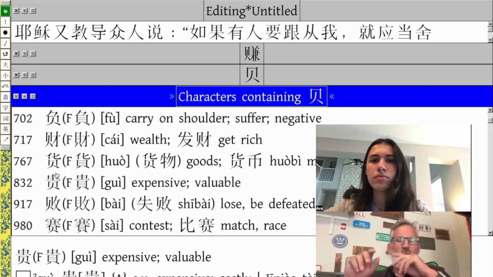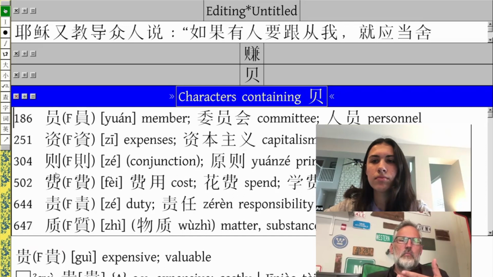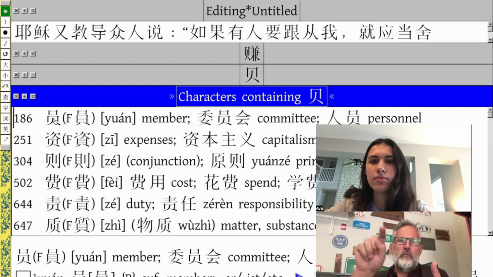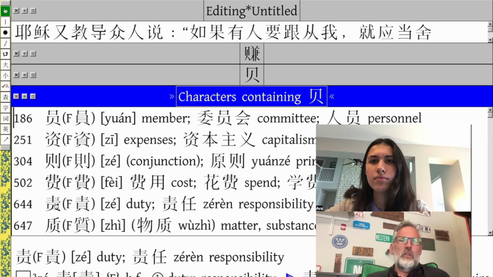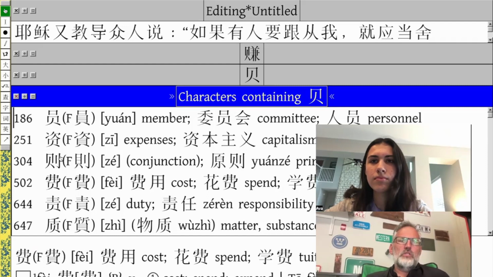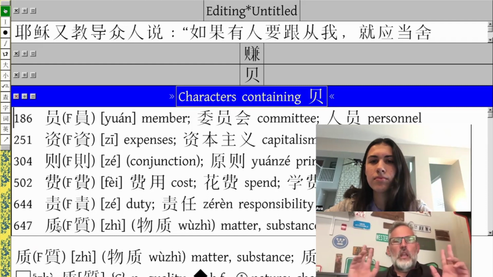So what I always like to do is print up that top 1,000 characters, and then on the side of the first one that has this, I'll make a note of 贝, and then I might write down a few of the other characters that have that in it, because that helps me to not garble all of those characters into one when I see it.